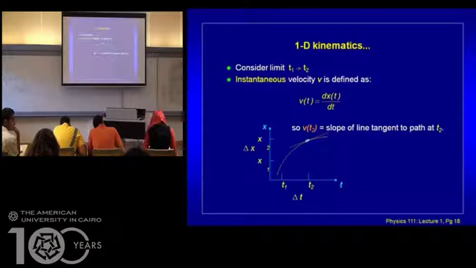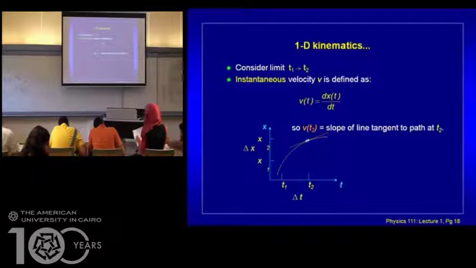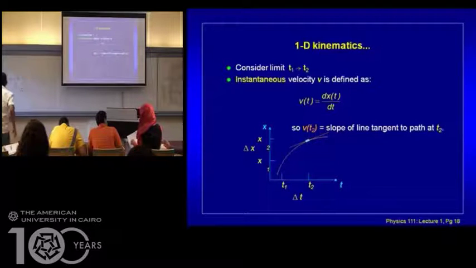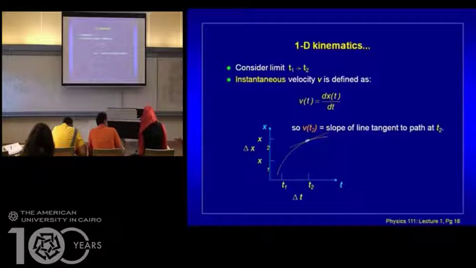No. There are 2 parts for that problem. We need to find the average velocity first. So the average velocity, V average, will equal x at time equal to 2 minus x at time equal to 1, divided by 2 minus 1. Now, what's x at time equal to 2? In that function, x equals... each time you see t, put 2.